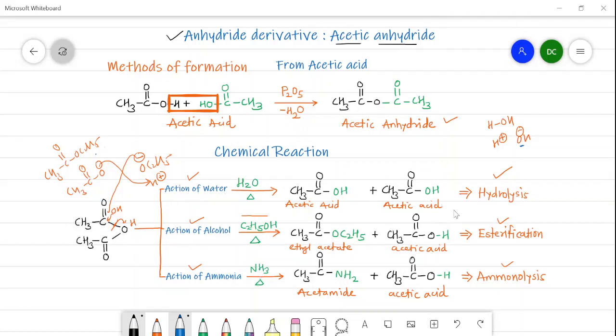Similarly, in case of ammonia, we will split this ammonia as per our convenience, H plus and NH2 minus. This will attack on the carbonyl carbon here. So at this place, NH2 will attack and the hydrogen will attach to the oxygen. So that here we get CH3CONH2 acetamide and CH3COOH, that is called acetic acid. So these reactions are called hydrolysis, esterification, and ammonolysis, depending upon the reagent used in the reaction.